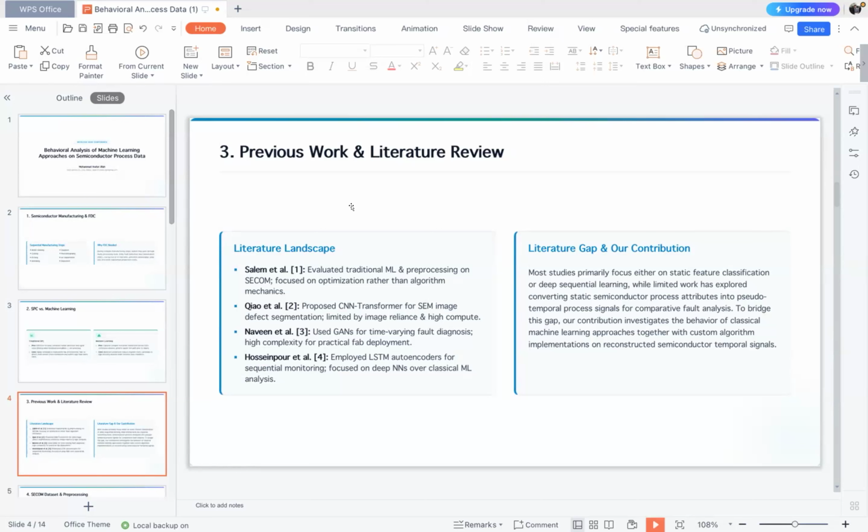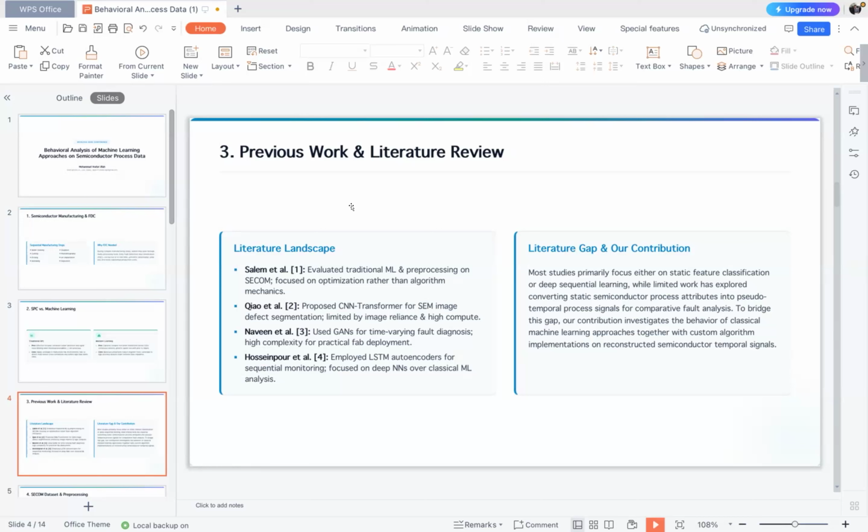Obtaining that is sometimes very complex because of confidentiality in semiconductor manufacturing data. There are also works on GNNs for time-varying fault diagnosis, with high complexity for fab deployment. That's the con of this work. Also, there is another work using LSTM autoencoders for sequential monitoring, but it focused only on deep neural networks over classical ML analysis.